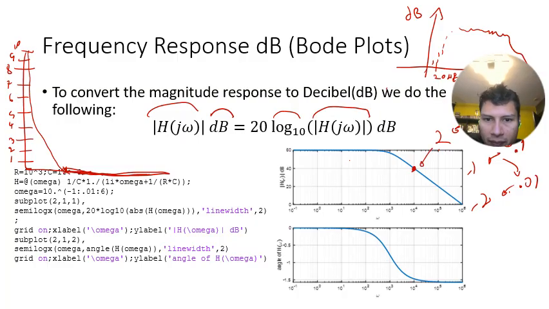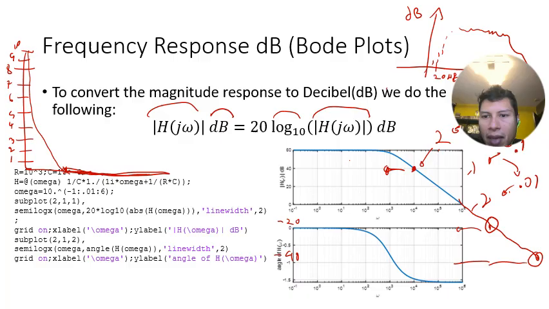And then -1 would actually be -20, so it'd be down here. And then -40 would be down here if we were to keep going on this plot. And so as you can see, you would be able to very well distinguish between having a magnitude of 10, a magnitude of 0.1, and a magnitude of 0.01. So that's why we use a decibel scale.